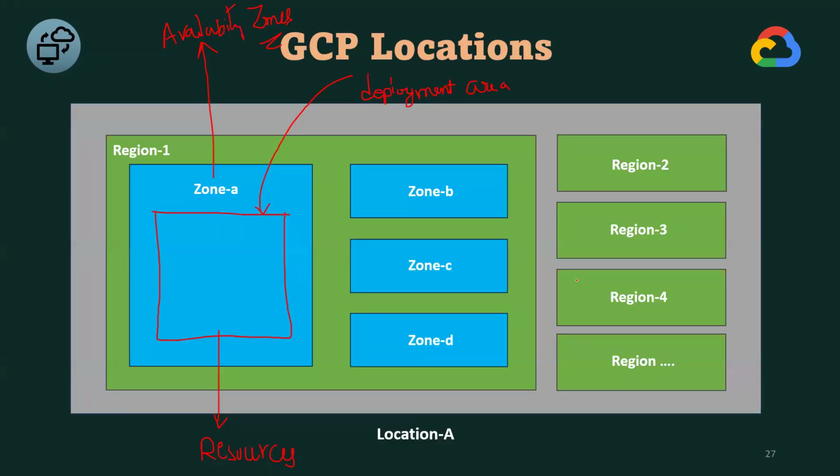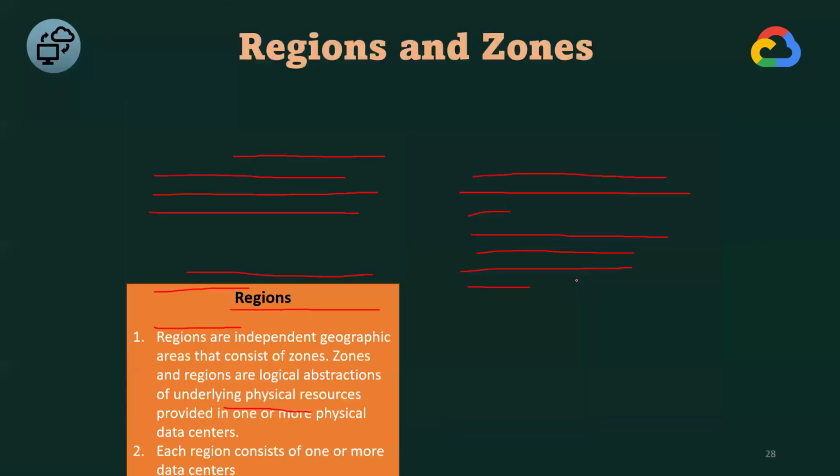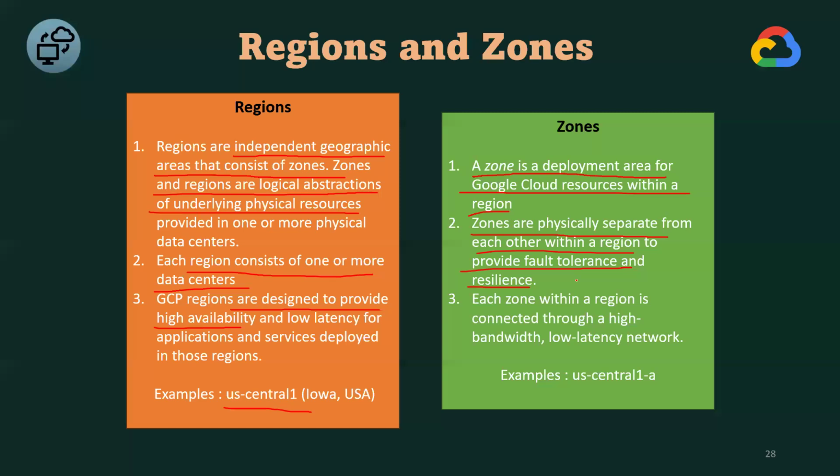Each zone is separated from the other zones and connected by a high bandwidth network, as I told you already. We will see why they are connected with a high bandwidth network in the next few minutes.